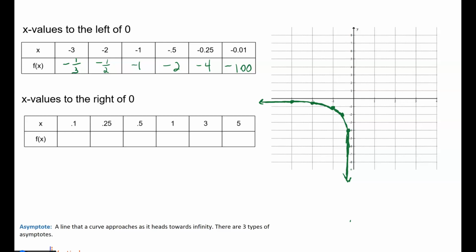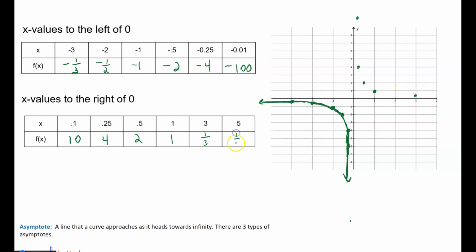Now let's see what happens after we pass 0. So again, I'm starting with a nice small number, 0.1. So 1 divided by 0.1 will give us 10. So again, really close to 0, but up here. If I let x equal 0.25, that gives me 4. So that's about here. And if x equals 0.5, I get 2. 1 gives me 1. 3 gives me 1/3.